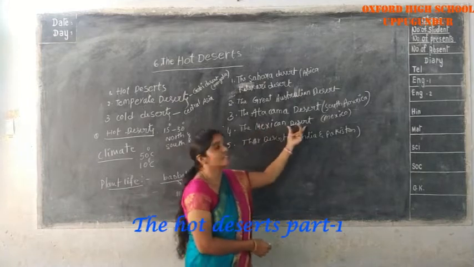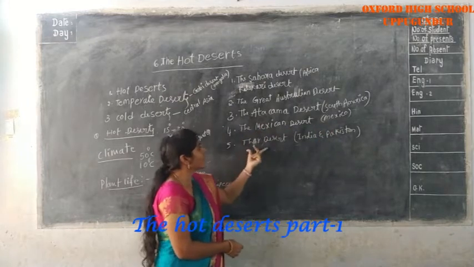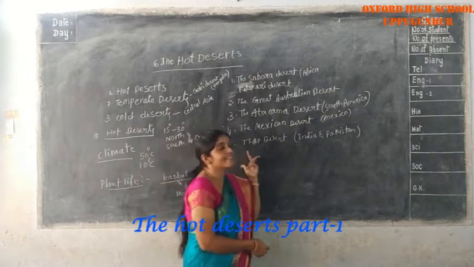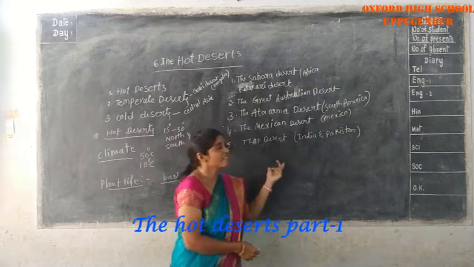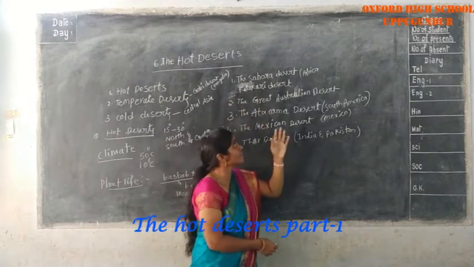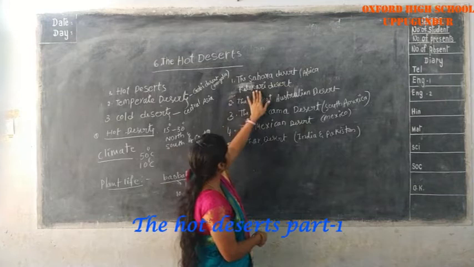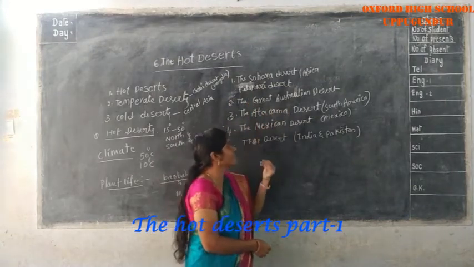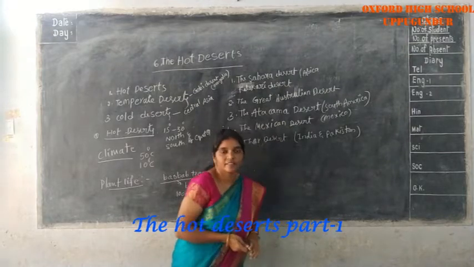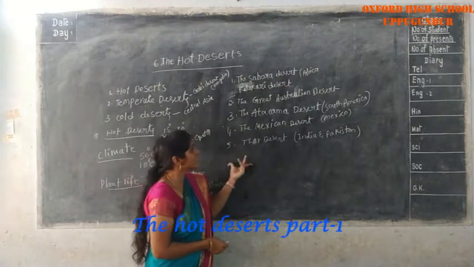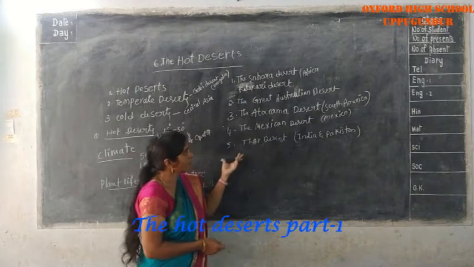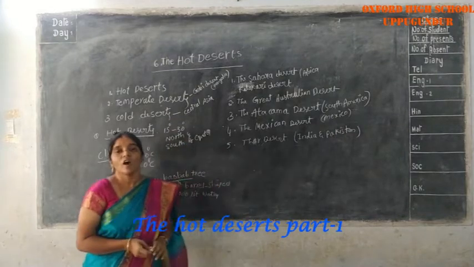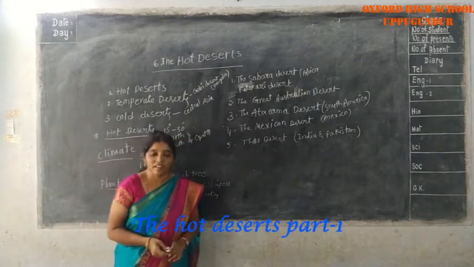The Mexican Desert in Mexico. The Thar Desert in India and Pakistan. These are the hot deserts in the world.